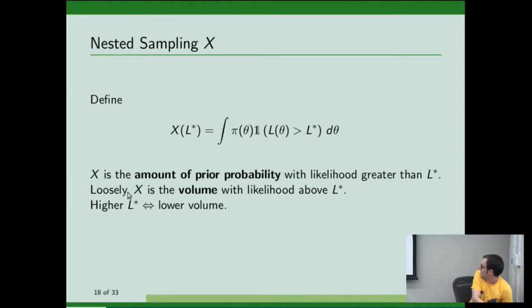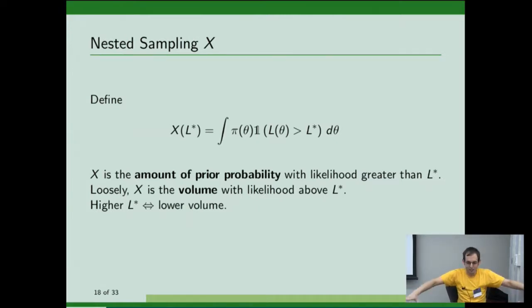If you want to think a bit more loosely, instead of thinking of prior probability, you can think of volume. So if the parameter space is the 3D space of this room, and there's a high likelihood region over here, say, then if I'm thinking of a likelihood value that's really low, the fraction of the space that's above a really low value is really high.